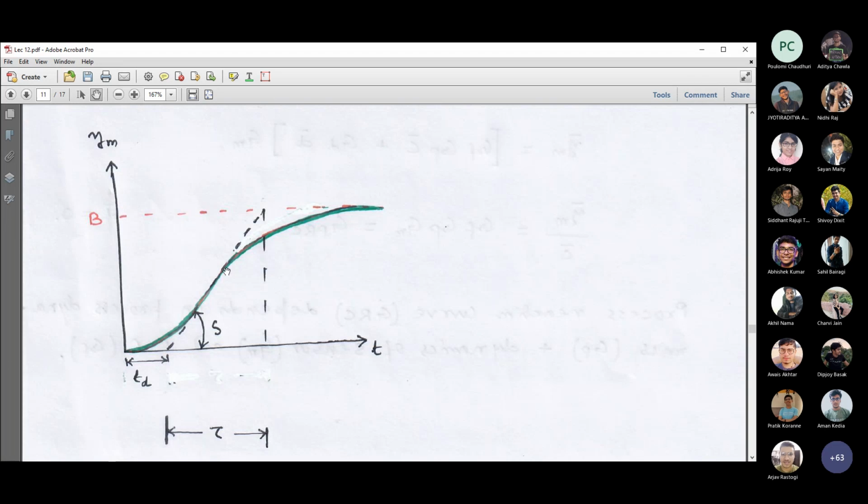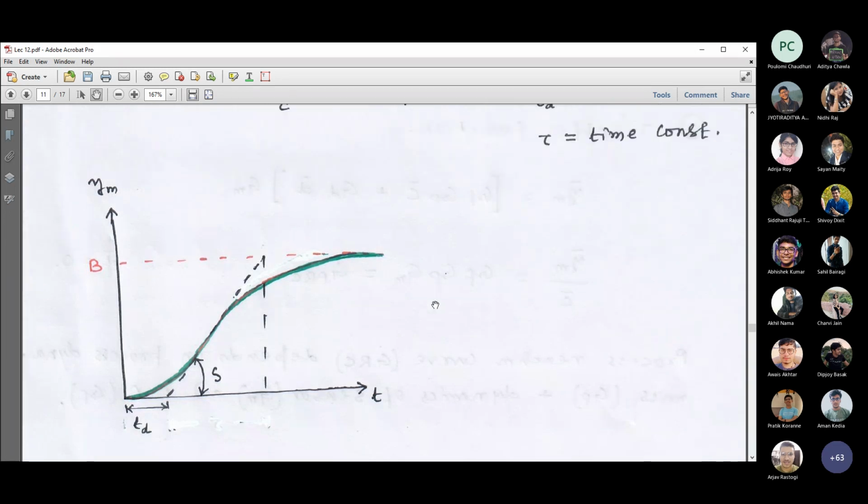Now this is a sigmoidal shape, so we have approximated it as first order plus dead time. See, this is the dead time part. We are simply separating this dead time part from the first order response. This is the first order response, and this portion is the dead time part.